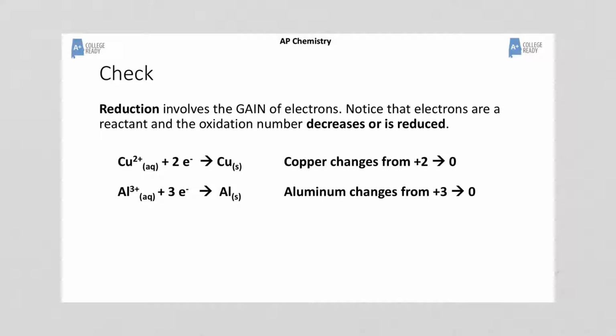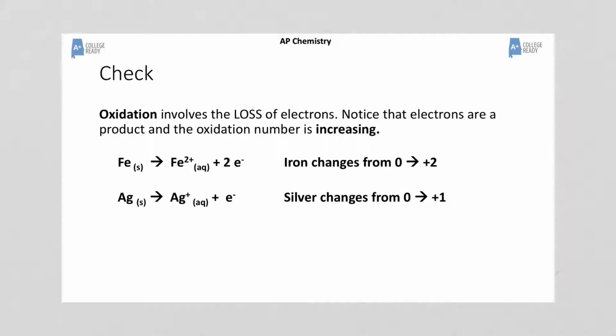Same thing with aluminum, 3+, took 3 electrons to get it to 0. And notice the great thing about reduction, the numbers actually do what we're saying. Reduction involves gain of electrons, and the numbers actually go down. They're actually reduced. So +2 to 0, +3 to 0. That's a helpful thing to note.